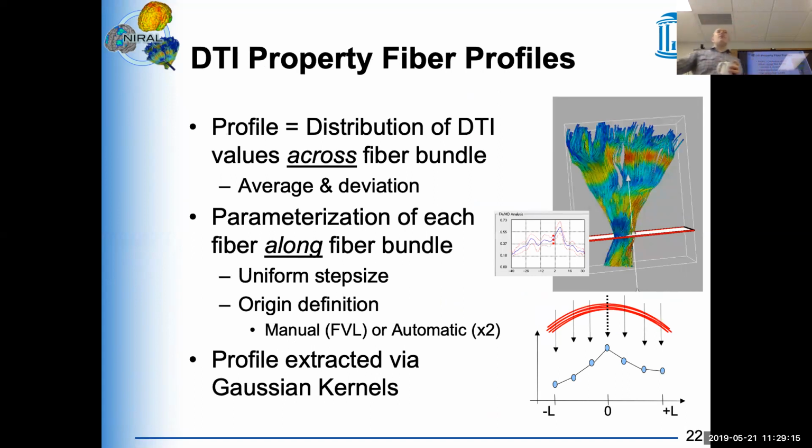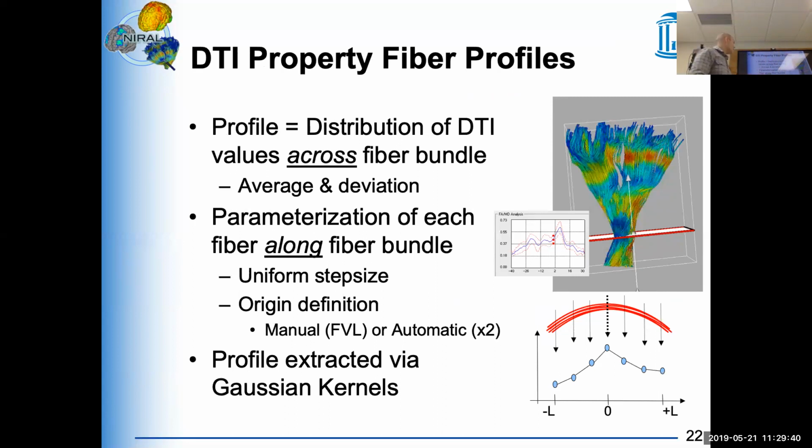Now to create a profile along the tract, we need to be able to first make a correspondence across the tract so that if we have one fiber and the next fiber, we can say point number 1 is the same as point number X on the other fiber. So we have to have some way to have a correspondence across the different fibers within one bundle.